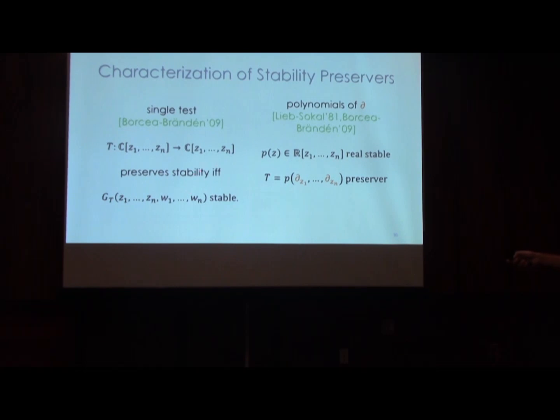The consequence of this result is that if you have a polynomial of the partial derivatives, so partial derivatives raised to powers, multiplied together, summed, this operator would preserve real stability if and only if the polynomial itself, looked at as a polynomial, is real stable.